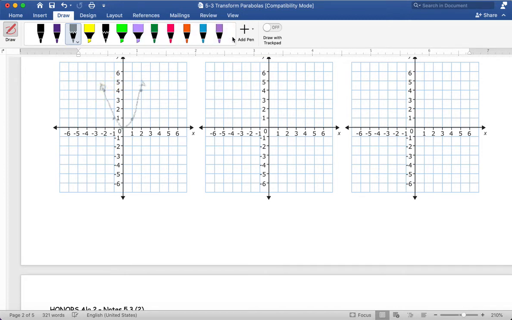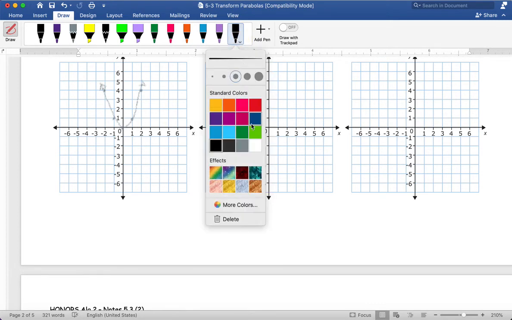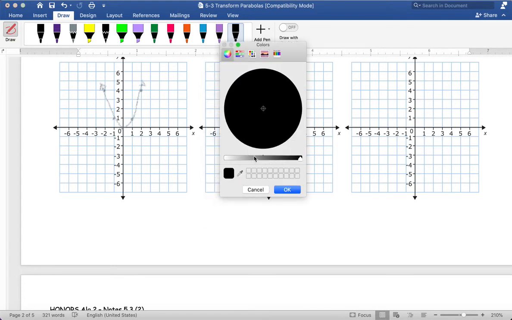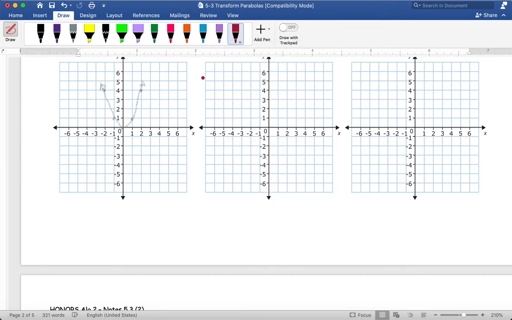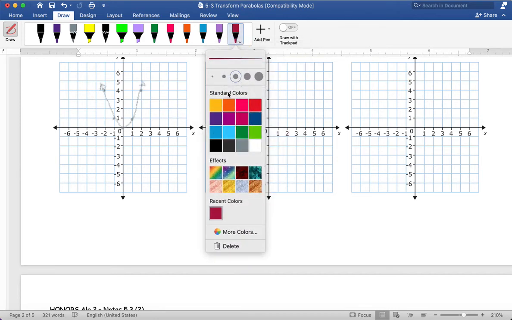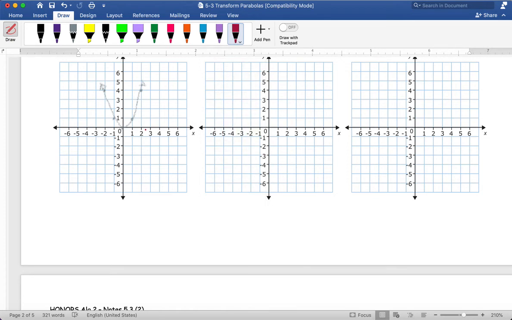All right. I'm going to pick more colors. All right. I don't want that thick. There we go.